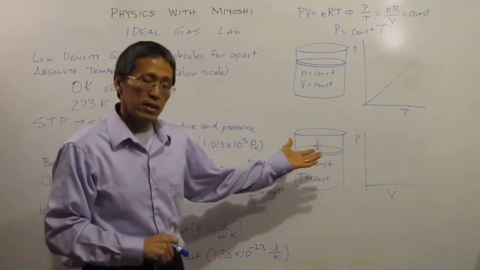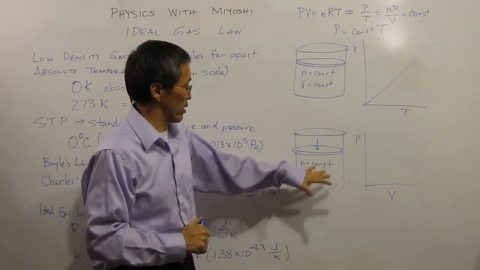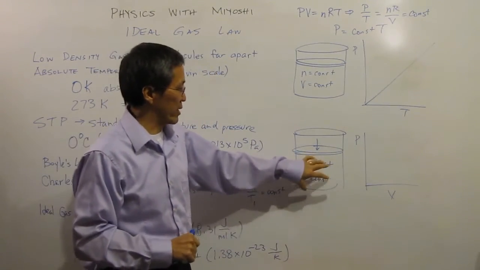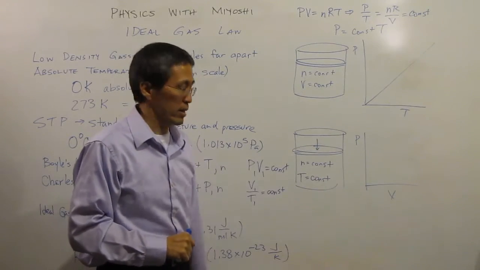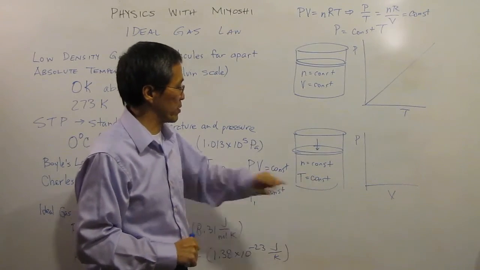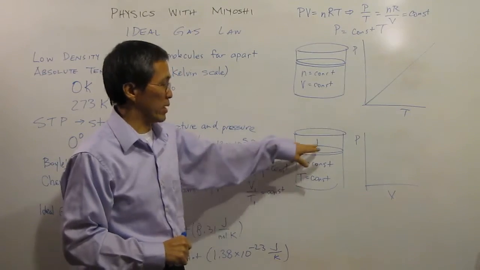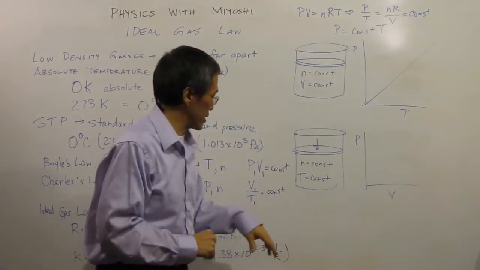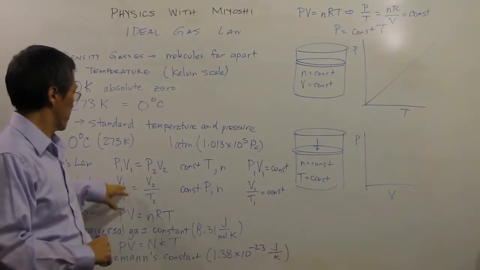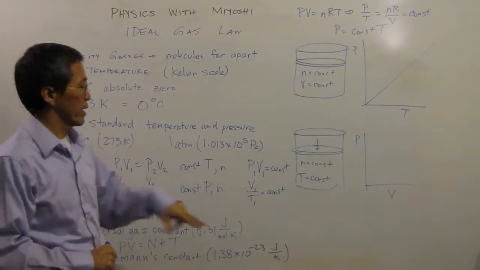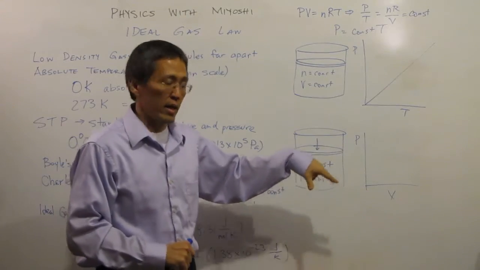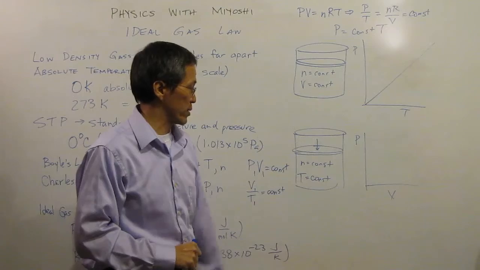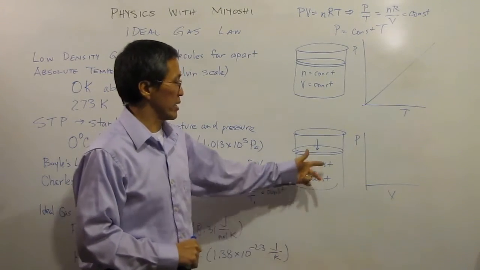Now it's not quite as nice, but it's still true that if I let the volume change and keep my temperature constant, so the pressure and the volume can change, then I have a different relationship. I can look at Boyle's law, and as long as I change the pressure and volume in such a way that I don't increase the temperature, then I get a nice relationship.